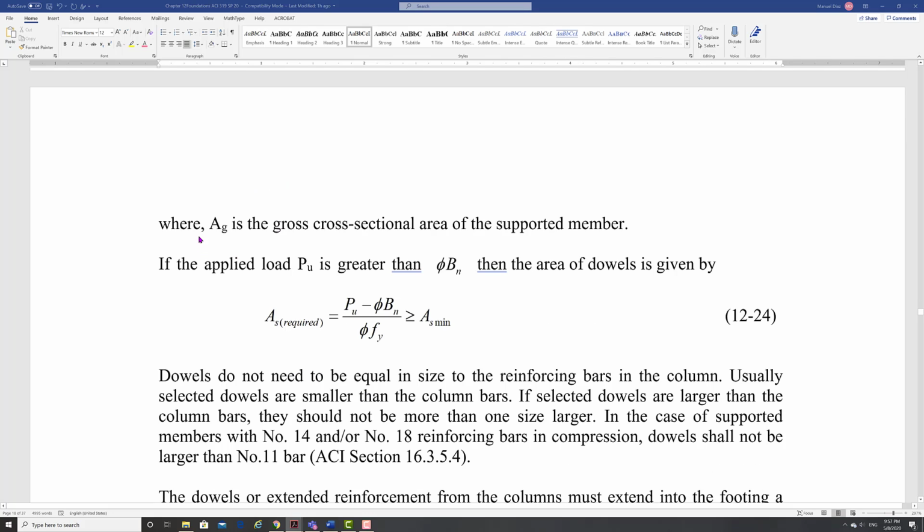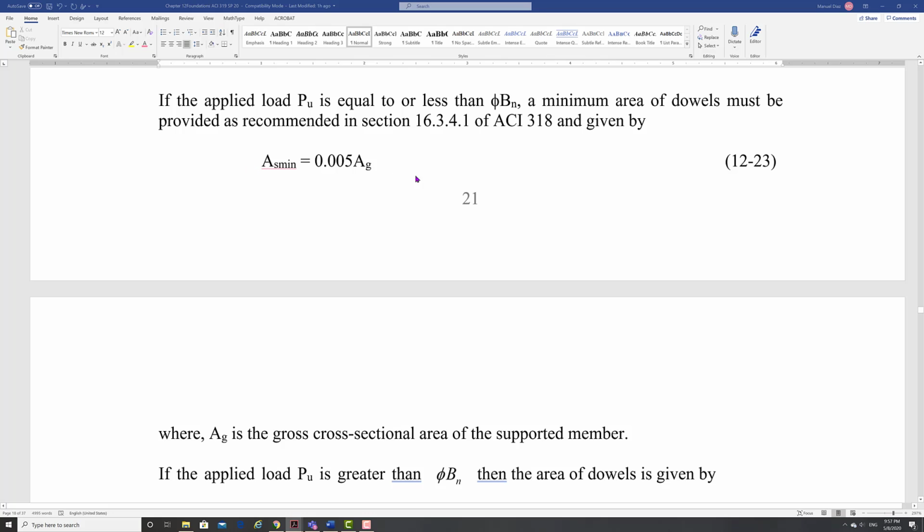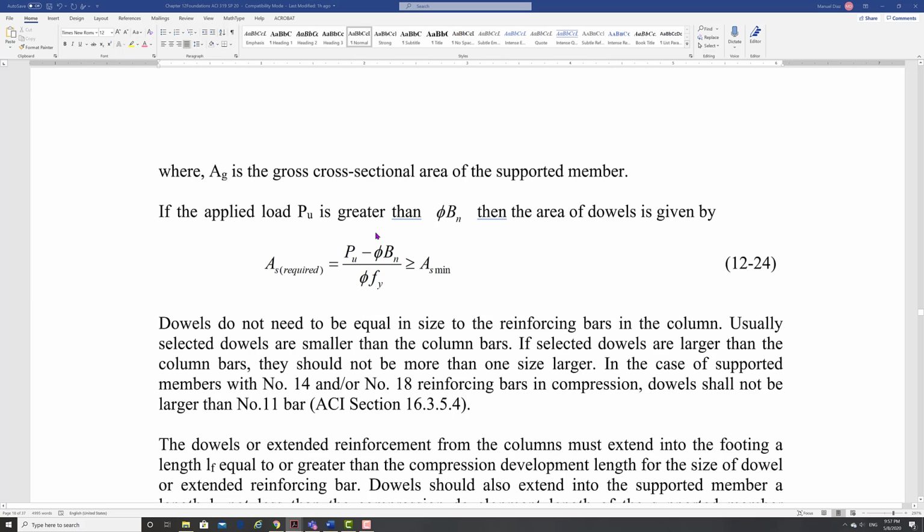If Pu is greater than your bearing strength, then this is why you find the area required. What is the actual number of bars that need to go through? Pu minus your bearing divided by the strength of the bars. It has to be greater than this minimum, because this represents the minimum that you can put. Right? If this value is less, then you use the minimum.